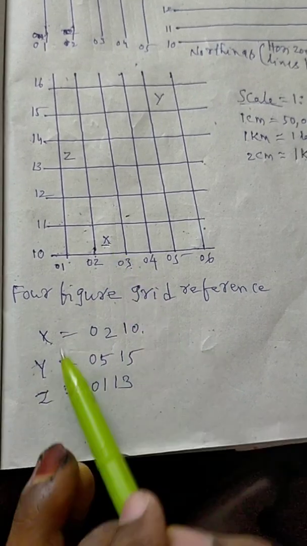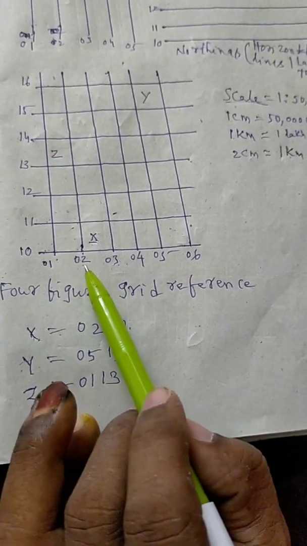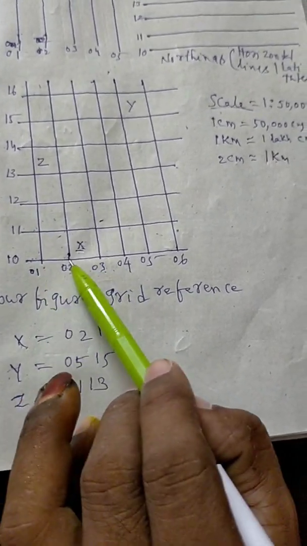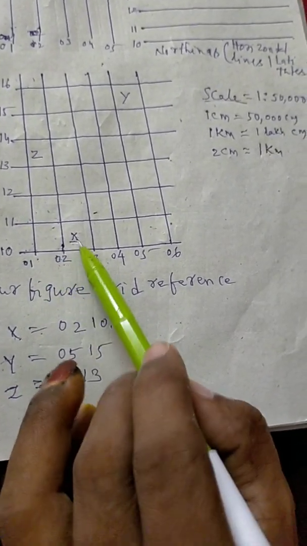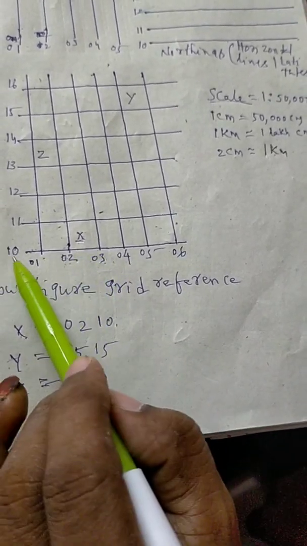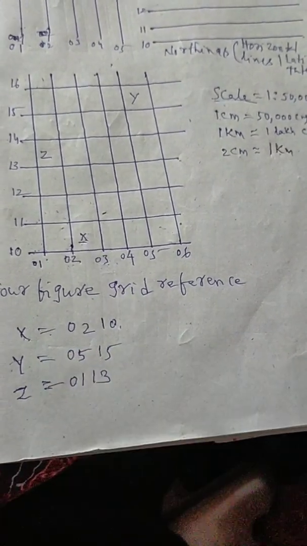Now x is at the beginning between these two eastings, southwest, that's 02, and 10. We write the location of x.